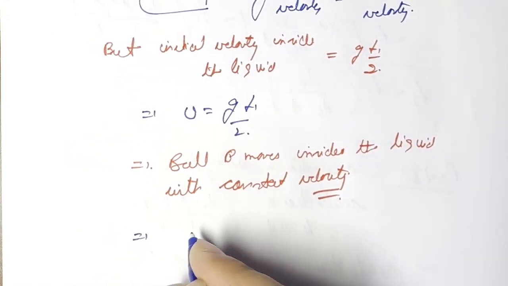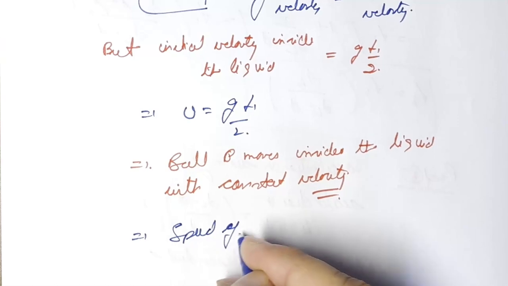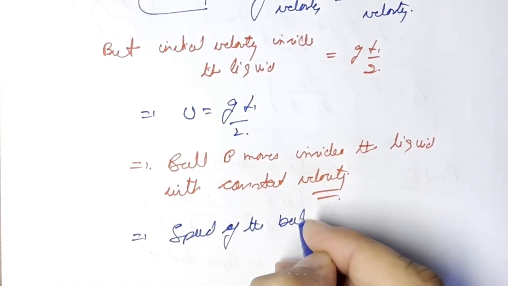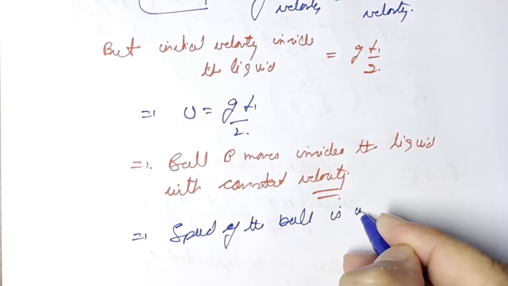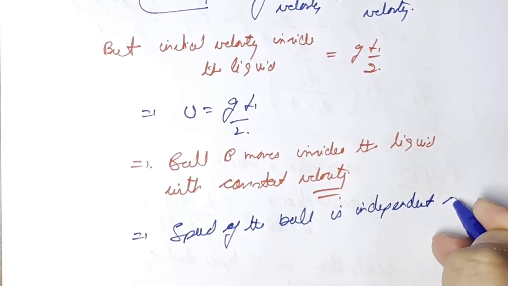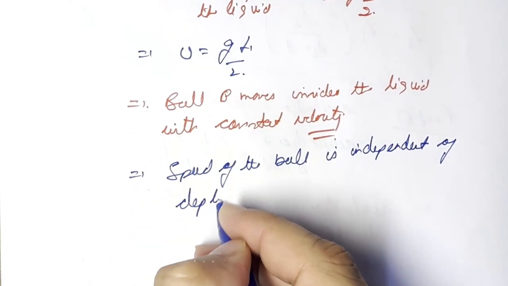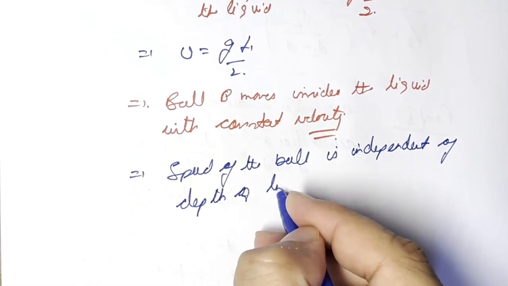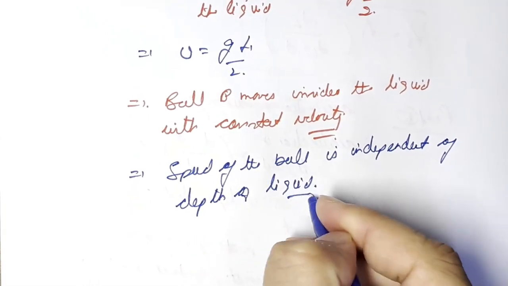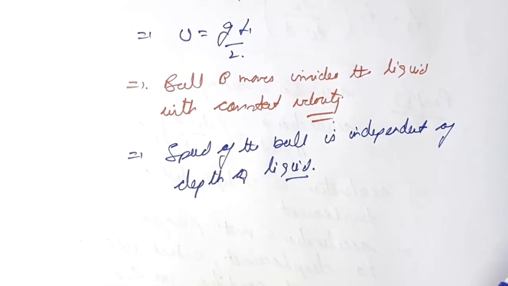So therefore we can say that speed of the ball is independent of depth of the liquid. Please keep in mind here that depth of liquid is indirectly representing the acceleration, which in this case was retardation.